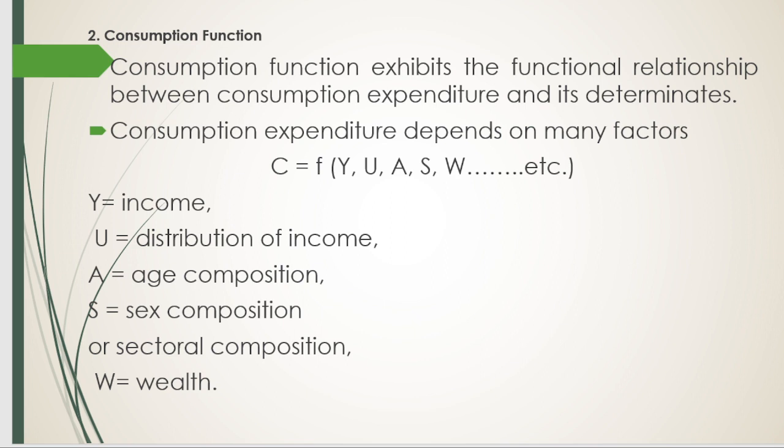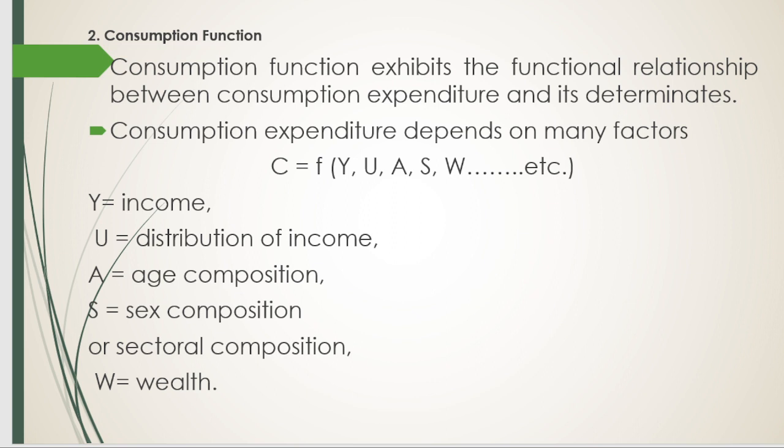Looking at this important component of aggregate demand, according to Keynes, consumption expenditure depends on many factors. The main factors are: first, income, then the distribution of income, how income in the economy gets distributed, whether it is even or uneven distribution.